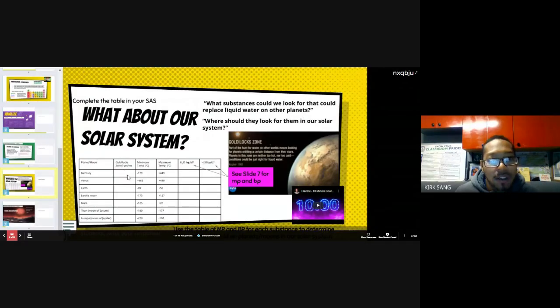Are they in the Goldilocks zone or are they outside of the Goldilocks zone? You're gonna put yes or no. You're looking at the minimum and maximum temperatures of these planets. They're already given to you. And then you're gonna tell me, are these substances gonna be solids or liquids at these temperatures on these planets?